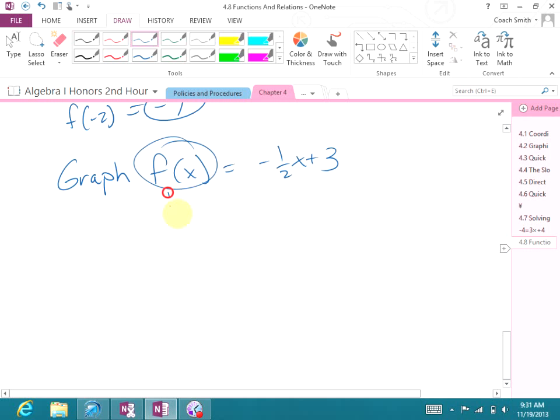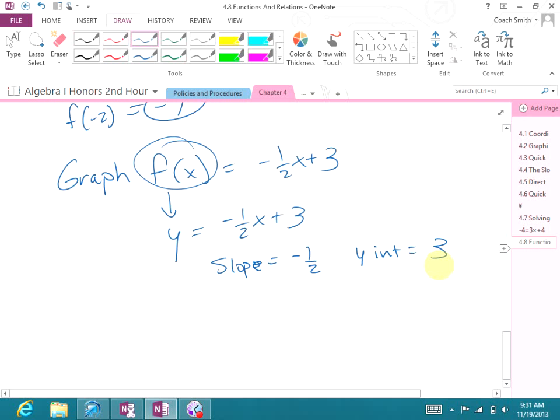I can take this and just change it to y equals negative 1/2 x plus 3, where the slope is equal to negative 1/2 and the y-intercept is equal to 3.